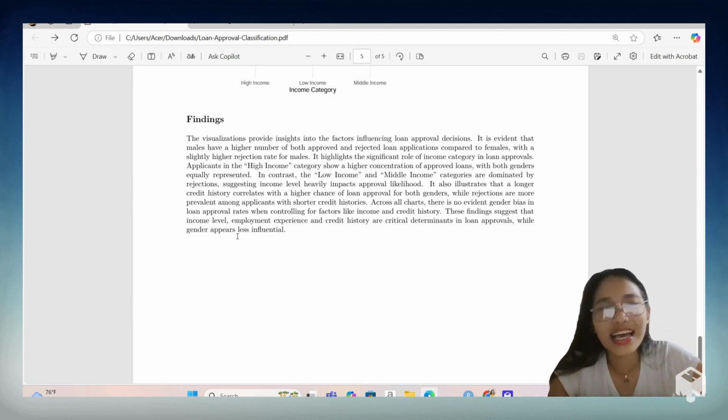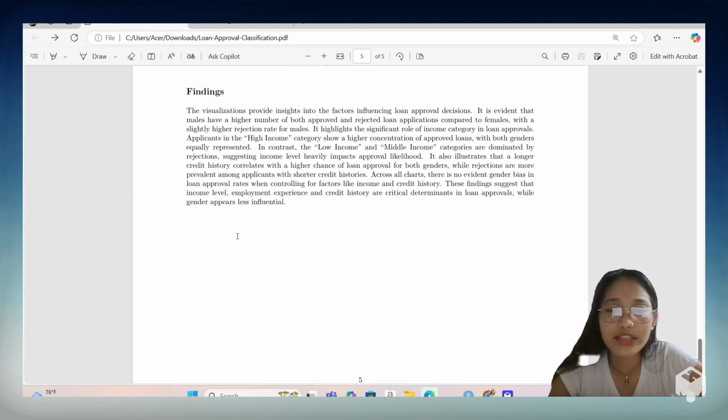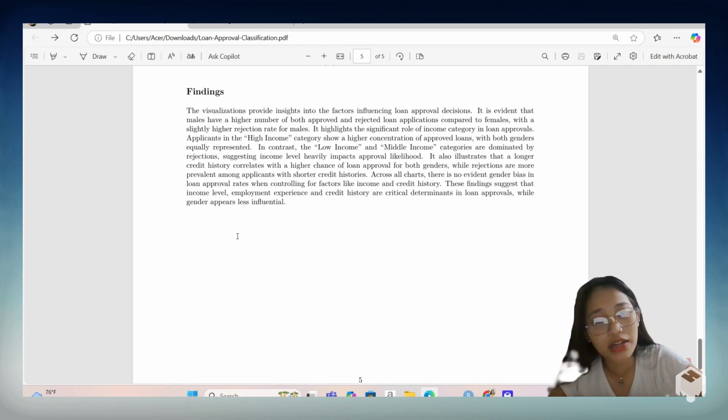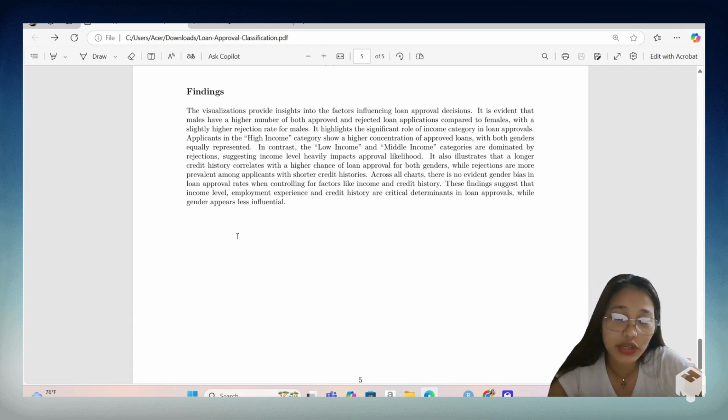Lastly, when we look at these factors, income, credit history, and others, there doesn't seem to be any strong evidence of gender bias in loan approvals. This means approval mainly depends on things like income level, work experience, and credit history rather than gender.